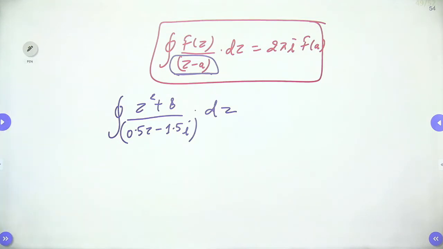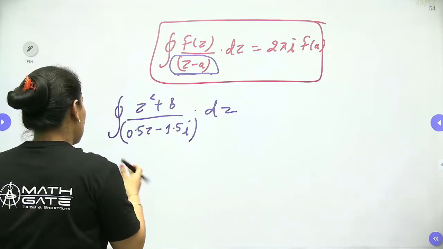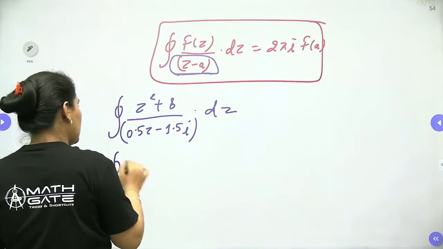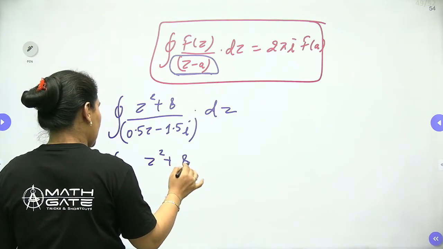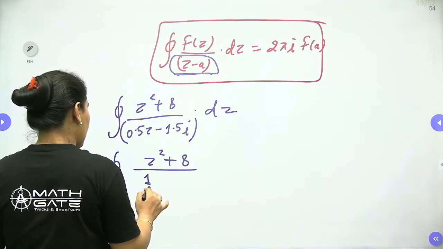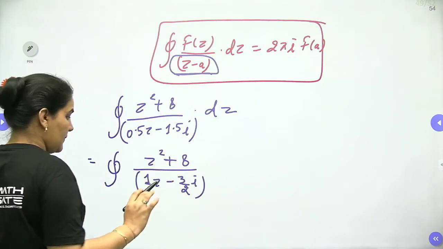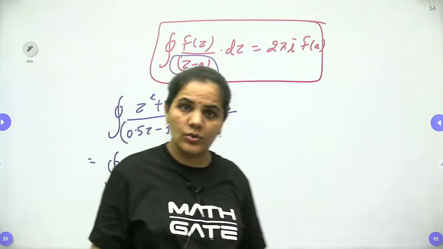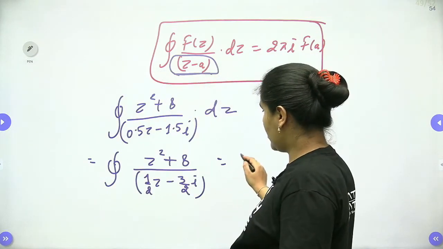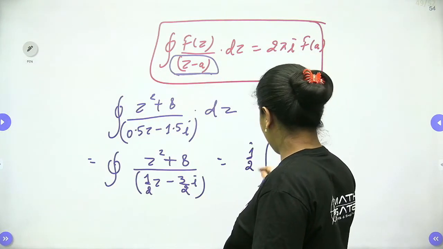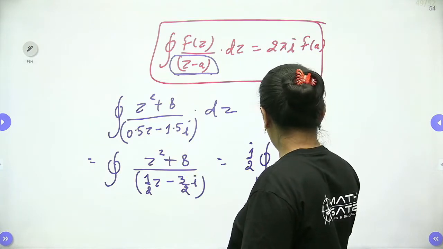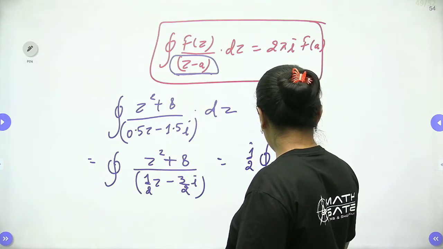So let's approach it in a simpler form. We can take common 2, so that it will be z square plus 8 divided by 1 by 2 into z minus 3 iota.